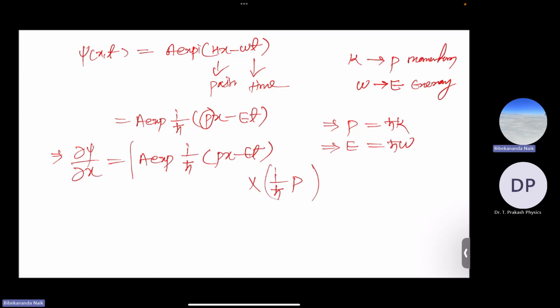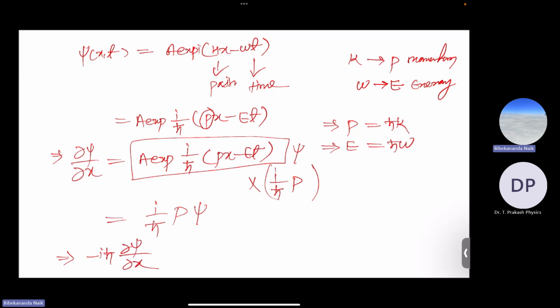Then you see this is nothing but psi. So we can write it as i by h cross p psi. Then if you take i by h cross to that side, it will be minus i h cross del psi by del x equals p psi. So this is the equation.